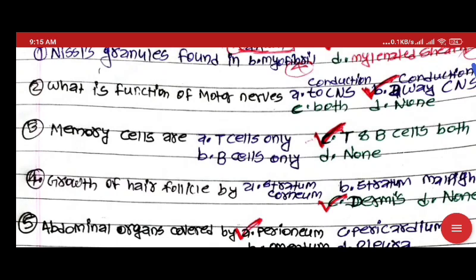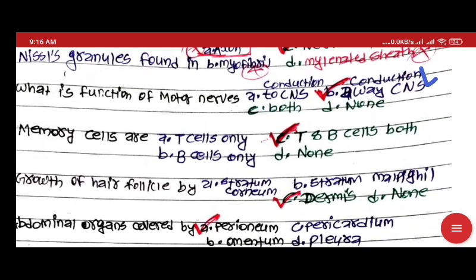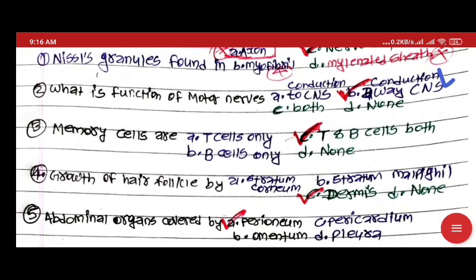Other students can choose both, but both is not the right answer, it is the wrong one. So the best answer is conduction away from CNS. Now memory cell. Here also a student is confused whether it is T cell or B cell. So memory cell is both T and B cell.